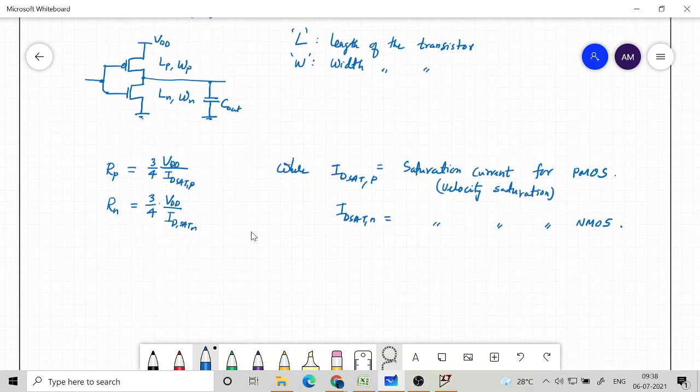And for a long channel device, we had another expression if you consider the linear region of operation. Now for long channel, velocity saturation is usually not there.